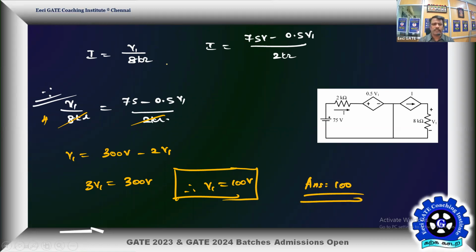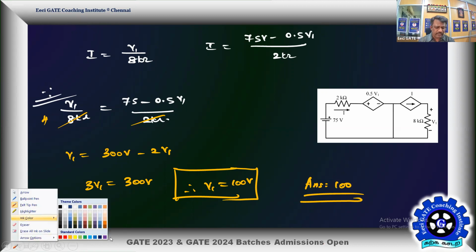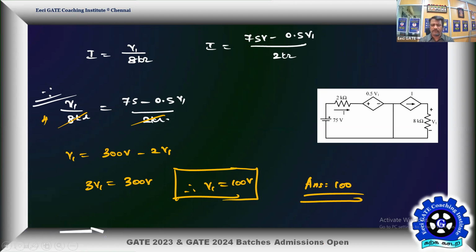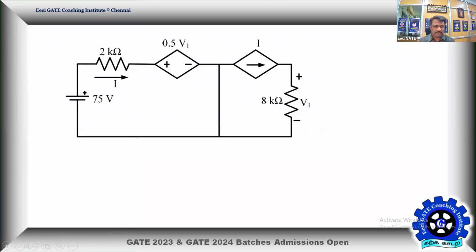Any circuit analysis demands a simple verification because we don't know where we committed even a small mistake. I got V1, that is 100 volt. Let me get back to the circuit and do a small verification. So this is 0, and you know this point is going to be 75 volts, and you got this potential as 100. Okay, V1 is equal to 100. So this potential difference is equal to 100.